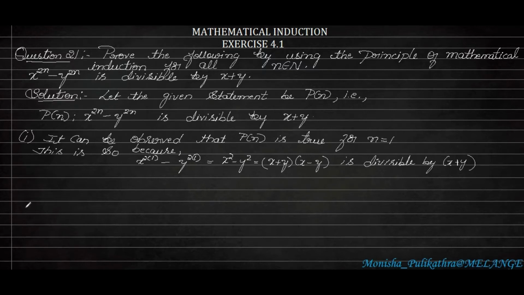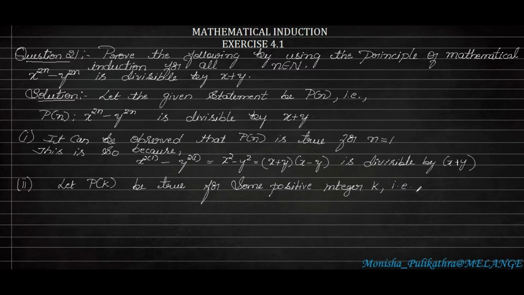The second step is that we have to substitute k in the place of n. That is, let P of k be true for some positive integer k.